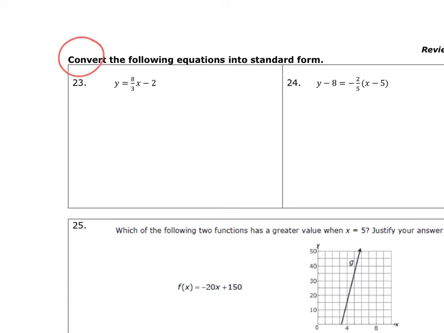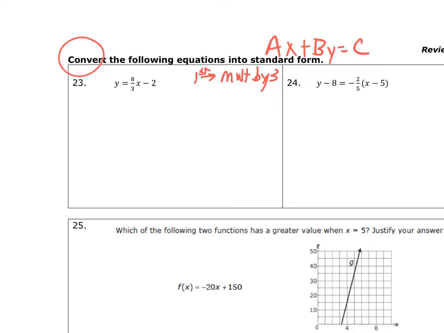Now this one wants you to convert to standard form, which is ax plus by equals c. And I'm not going to lie, this is a little bit of a pain. So there's a couple of ways you can approach it. The first thing I'm going to do is clear the fraction. And that means I'm going to multiply every single term by 3. So that's my denominator.